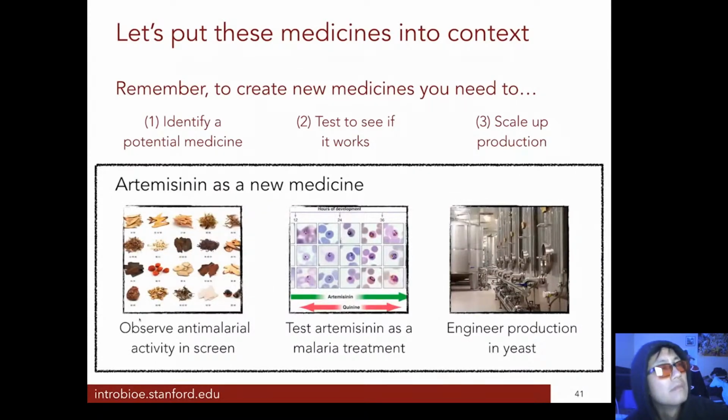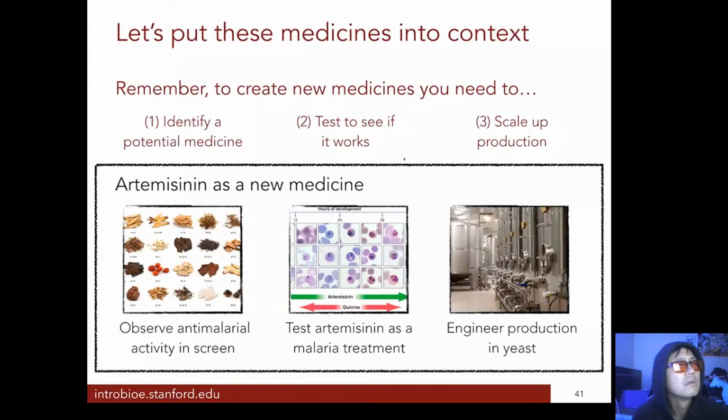This was also a situation where the screen and the testing to see whether or not it works were kind of hand in hand. But I want you to think about how you might innovate in each of these areas, and how the advancement of science, our ability to have models of diseases and to engineer organisms to produce a lot of compounds, really changed the way we search for new medicines and the way we scale up production.